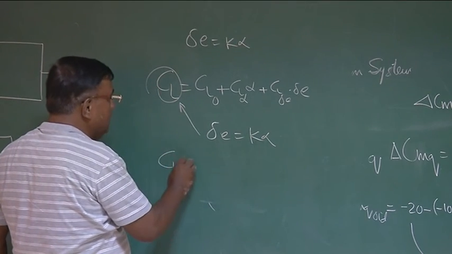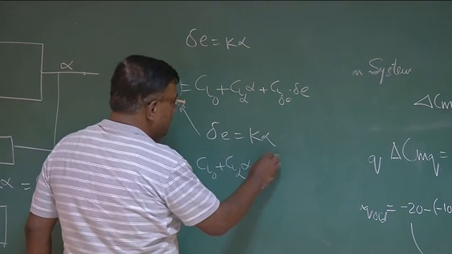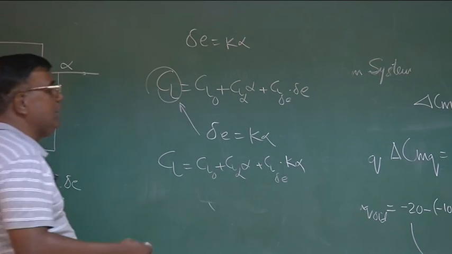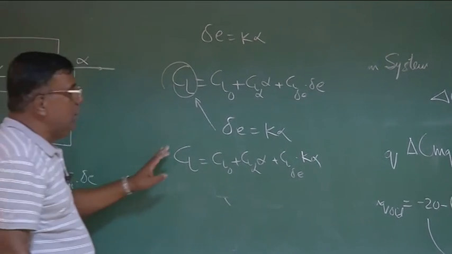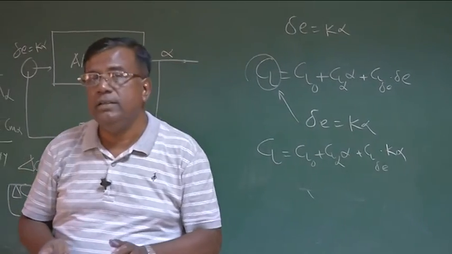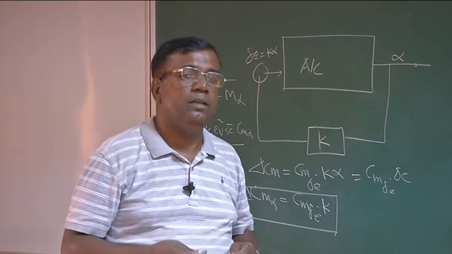Now CL becomes CL naught plus CL alpha into alpha plus CL delta E into K alpha. So you have to be careful to make a total optimized algorithm so that the final requirements are not disturbed much.